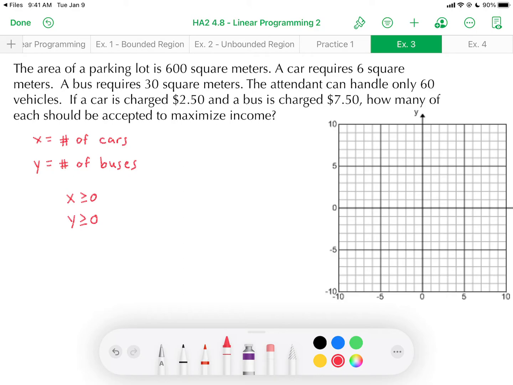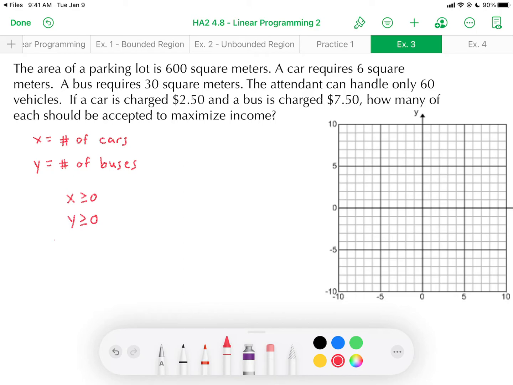All right, now I can write a third constraint based on the area of my parking lot and how much space each of these vehicles takes up. So it says area of the parking lot is 600 square meters. Car requires 6 square meters. A bus requires 30 square meters.